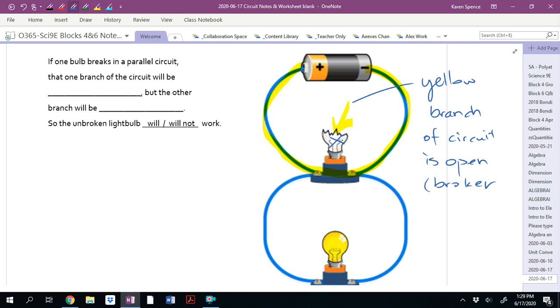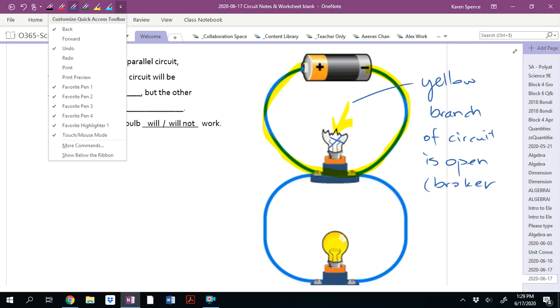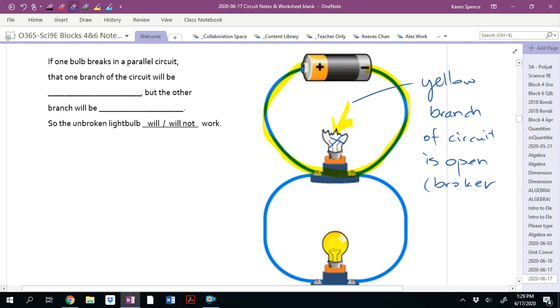So all of the electrons are going to go, even the yellow ones say, hey, I can't move that way, so I'm going to go through here, and I can't go through that pathway, so I'm not going to bother with it. And the blue ones that we had before are also just going to go through here.